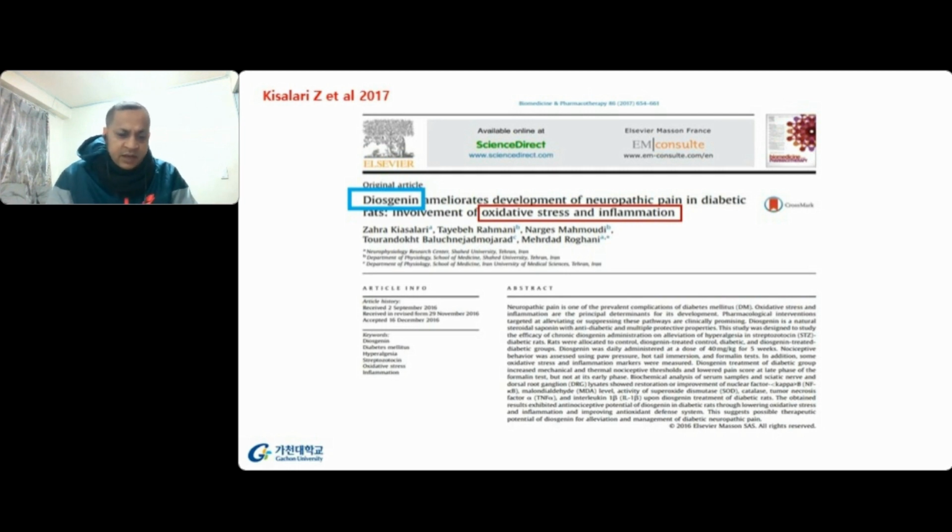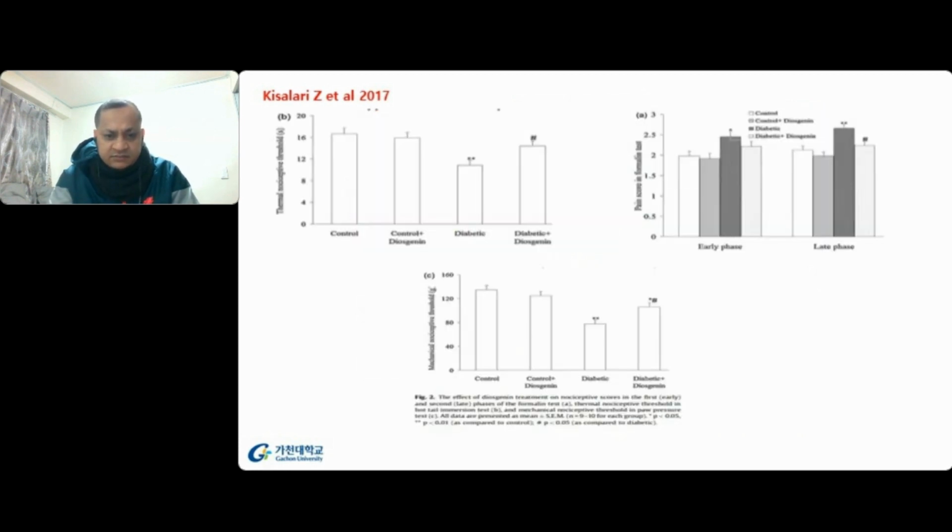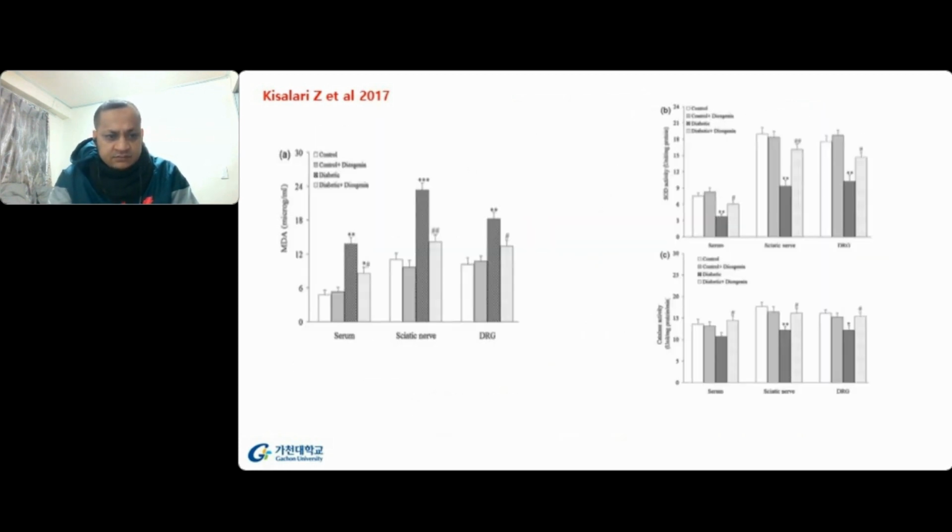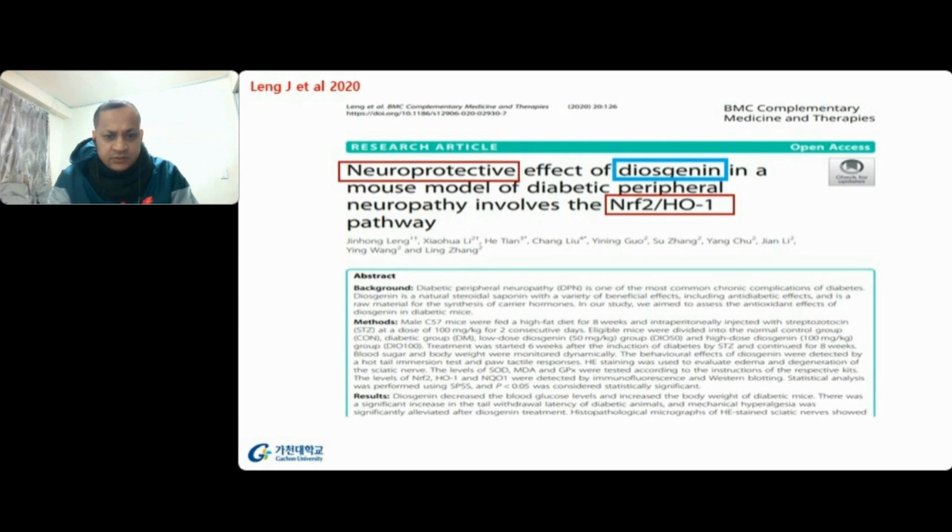Now I am presenting the evidence that diosgenin can reduce pain sensation in different models. In this work, they found that diosgenin can reduce diabetic neuropathic pain by regulating oxidative stress and inflammation. Here they also found another mechanism of diosgenin, the NRF2 and HO-1 dependent pathway.